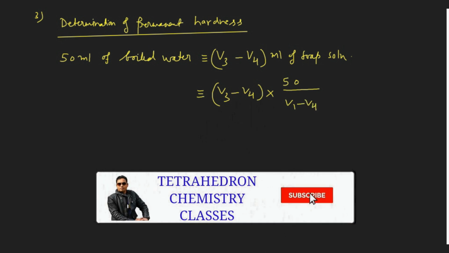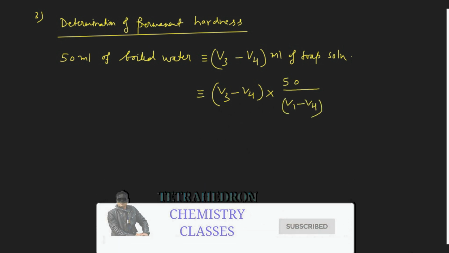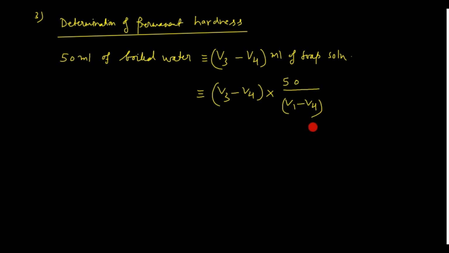You know where this is coming from. It is coming from the standardization of the soap solution. Please remember, once I do this, this is basically mg of CaCO3 equivalent.